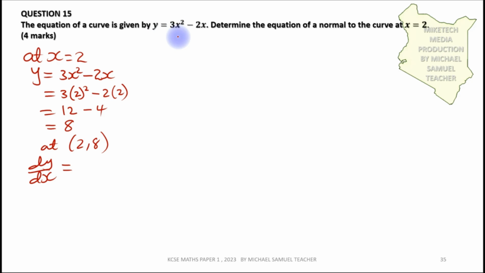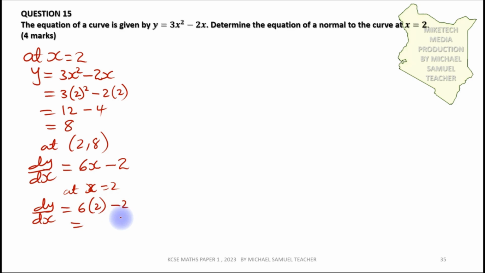Differentiating y with respect to x, that will be 6x minus 2. So at x is equal to 2, the gradient function will be 6 times 2 minus 2, which is 12 minus 2, which is 10.